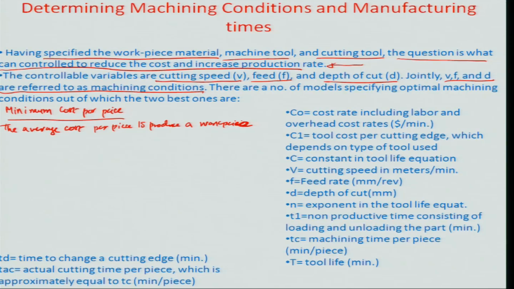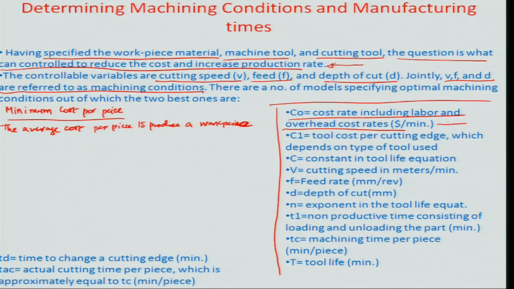So let us look at some of the costs which can really bother us while we are talking about machining. Let us look at this side of the slide here. So there can be a cost rate which includes labor and overhead costs. Okay, there can be a tool cost per cutting edge, which depends on the type of the tool that has been used. There also can be, based on these, the different timings. For example, there can be a non-productive time.